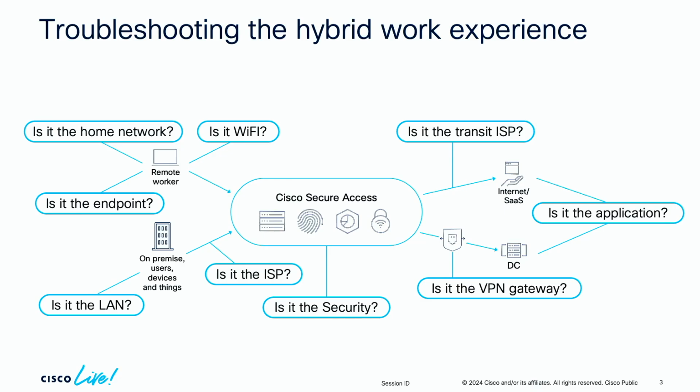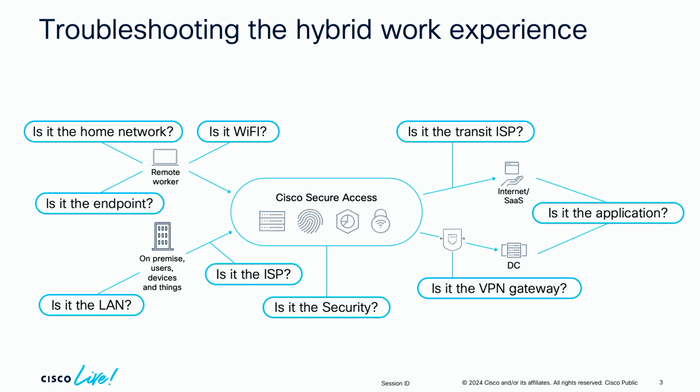Okay, so we have our user connected and they're having troubles. As the administrator, we're looking at the dashboard and trying to determine, is this user having issues because of their home network? Is it their Wi-Fi problem? Is it the ISP? Maybe the application they're trying to access isn't even online.